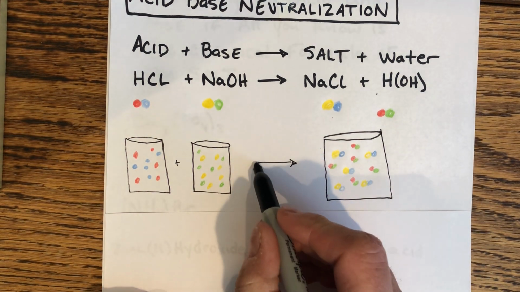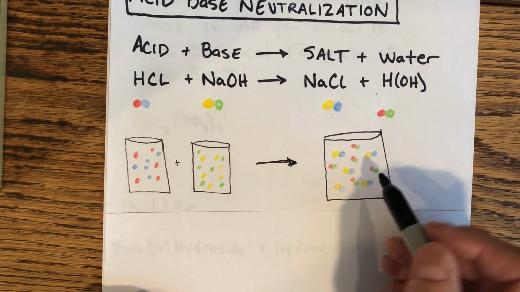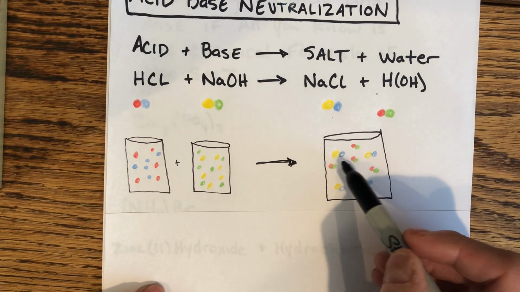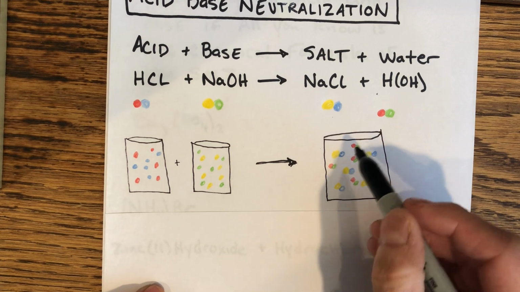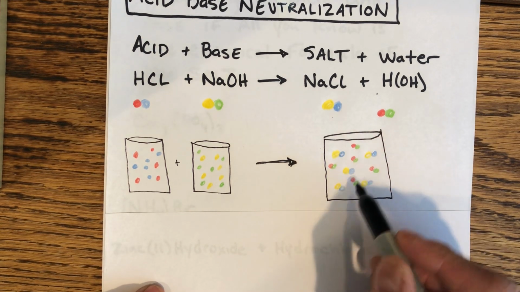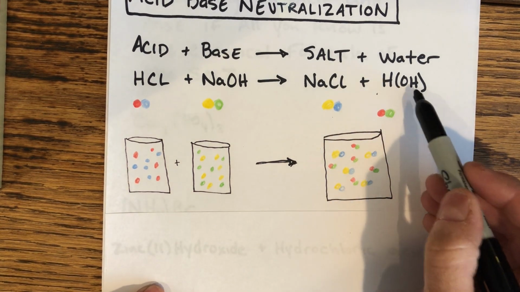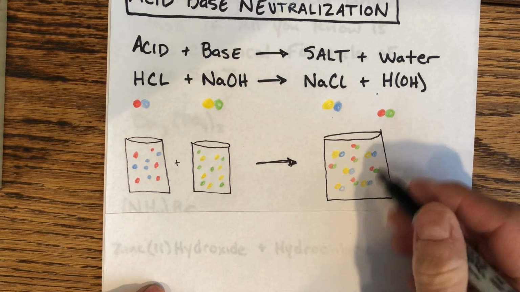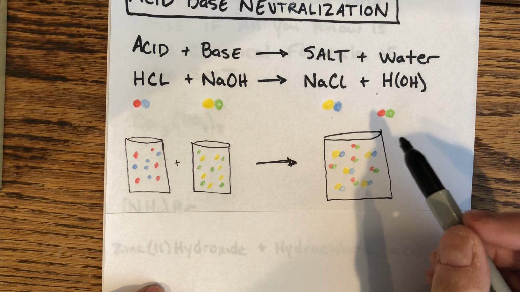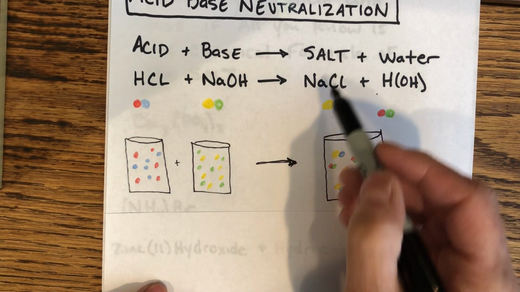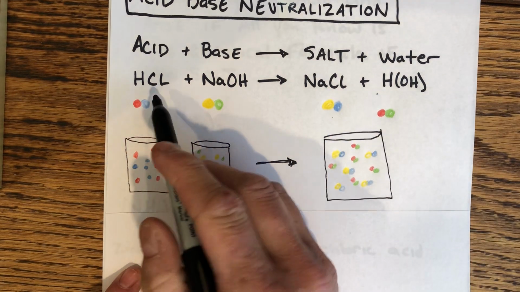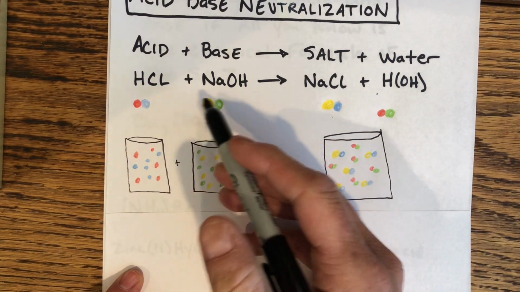That is represented by this arrow here. What we see on the other side of the reaction is the sodium chloride, which is the yellow and the blue connected to each other, and the hydrogen and the hydroxide connected to each other as water. So really this is salty water. The salt that you're familiar with here, the sodium chloride, is just due to the ions involved in the reaction.